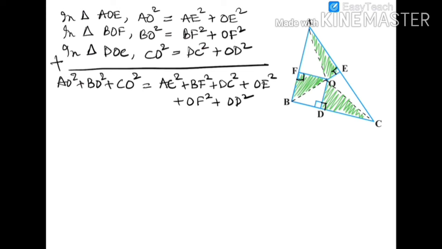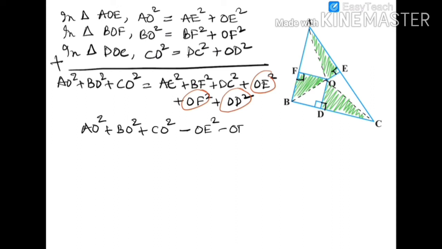Now what we will do is shift these terms to the left side. So we get AO square plus BO square plus CO square minus OE square minus OF square minus OD square equal to AE square plus BF square plus DC square. Let's mark this result as 2.